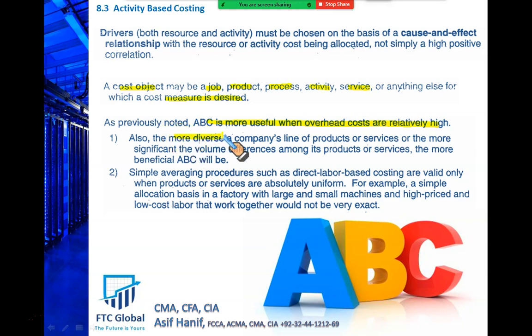But if the company is using a single product, then there is no point in using ABC. When products and services are absolutely uniform, a single product or similar products are produced, then there is no point in using ABC. ABC is suitable when the production system is complex, fixed overhead are relatively high, diversity of production. ABC is perfectly fine, but for a single product or uniform production process, under such circumstances, ABC is not recommended.